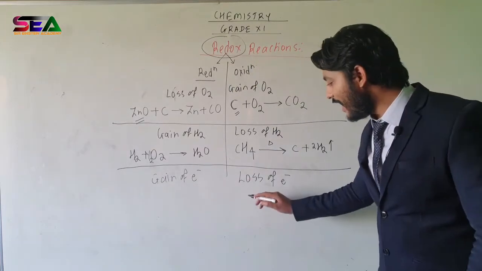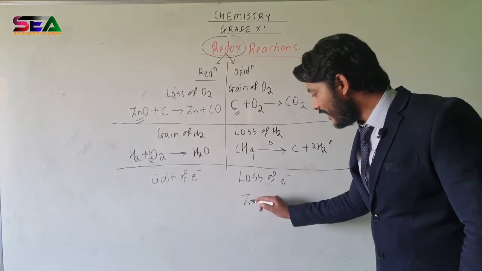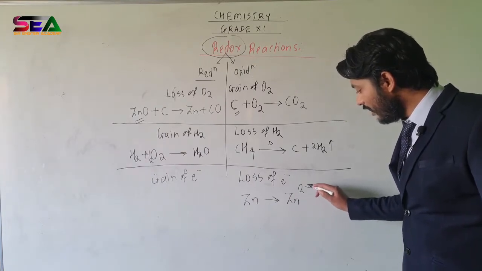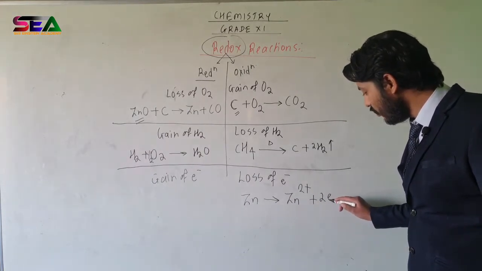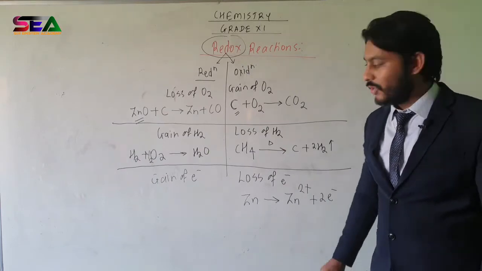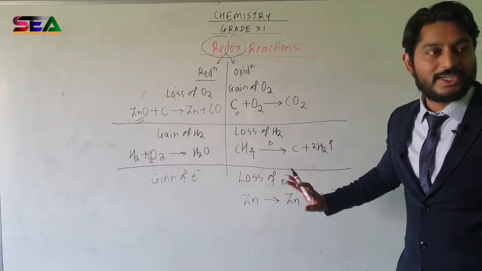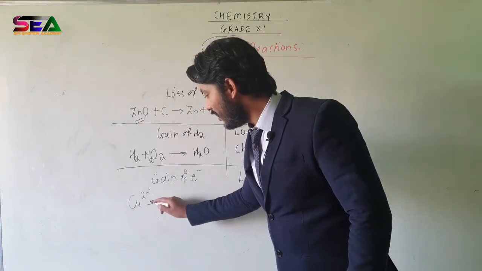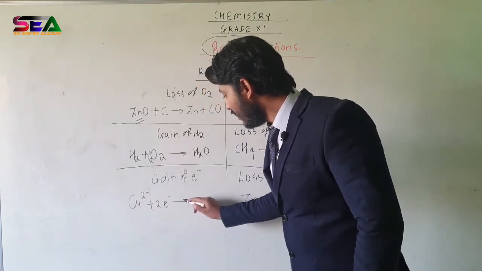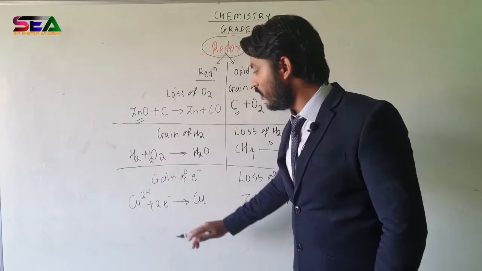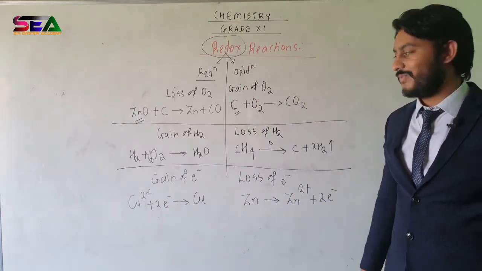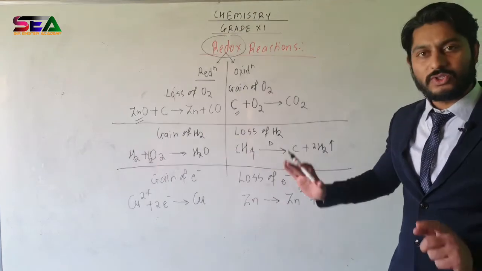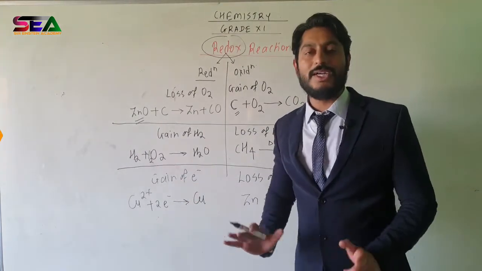The best example I can quote here: if I allow zinc to lose electrons, it will turn into Zn2+ with the loss of 2 electrons. This is an oxidation reaction. Opposite to this, if I take Cu2+ and add 2 electrons, it becomes Cu. So there we find gain of electron.